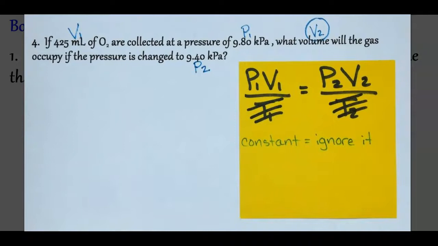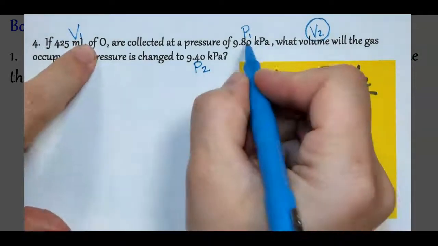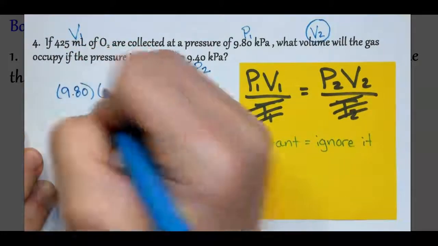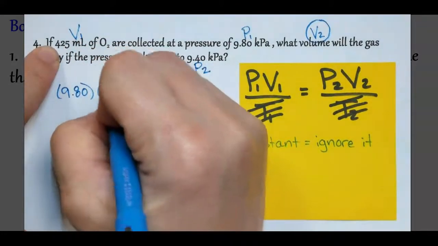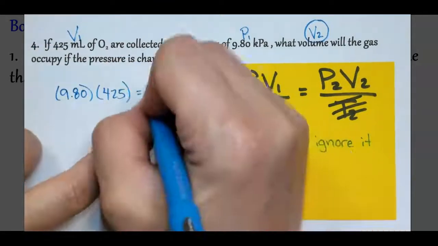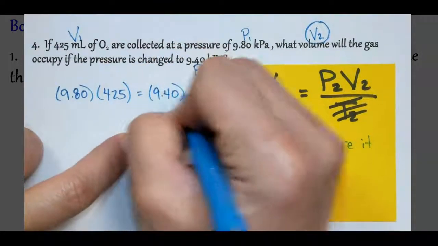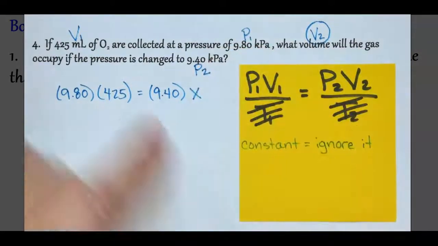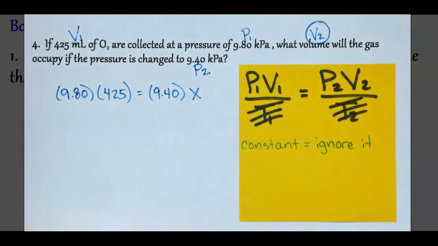So now I'm going to plug in my values. P1, I labeled it here, 9.80, times V1 is here, 425, equals P2 is 9.40, and V2 is what I'm solving for, so I'm going to call that X. So now I can do the calculation.